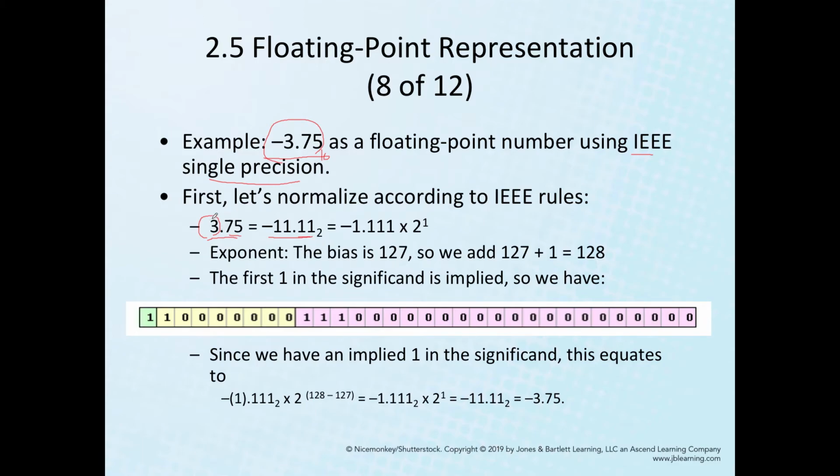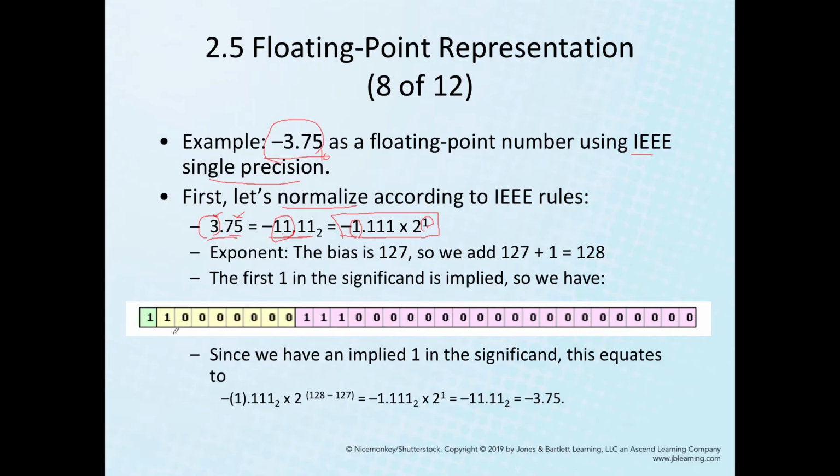You can use the division method for the whole part and the multiplication method for the fraction part. Conversion is done. Second, we need to normalize. Since we cannot allow two ones, we should have only one 1. In this process, we move the radix point to the left by 1, so we need to have exponent 1 coming here. So this is the normalized form for IEEE floating point representation.